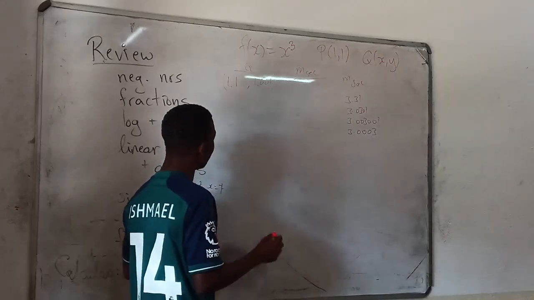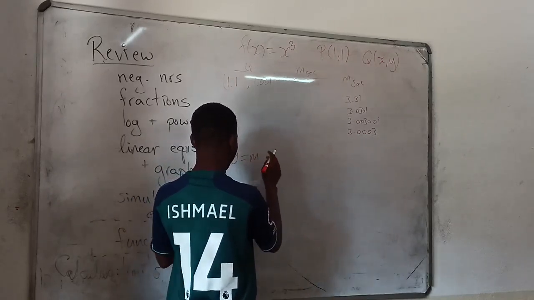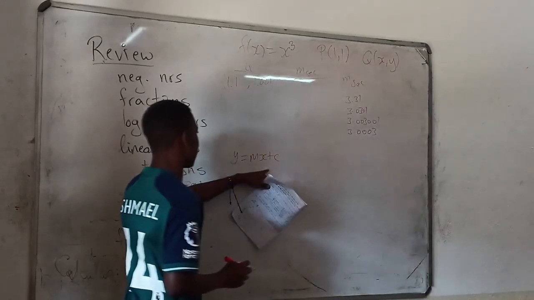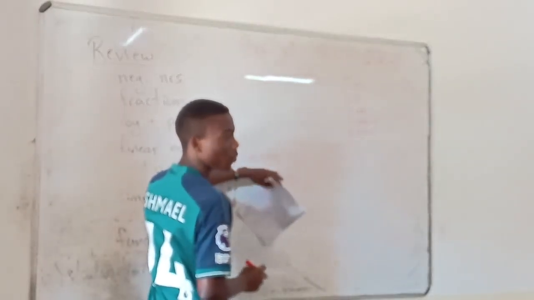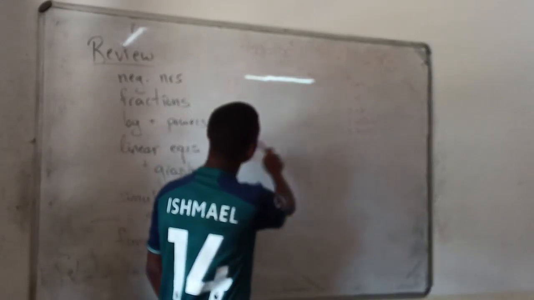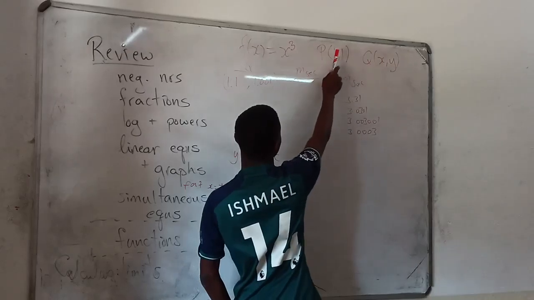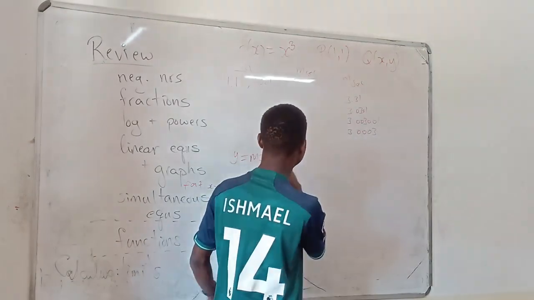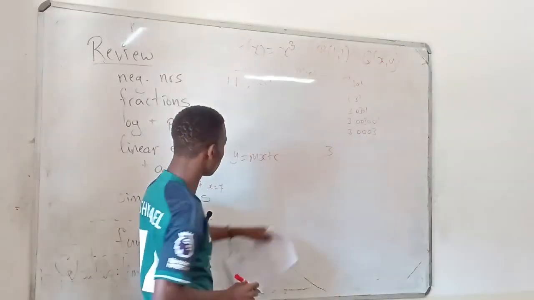We all know that to find the equation, we have this mathematical formula. And for y, we all know that is this one. For x, we all know that is this one. And for m, like the slope, we all know that is 3. Alright, so we need to find the intercept.